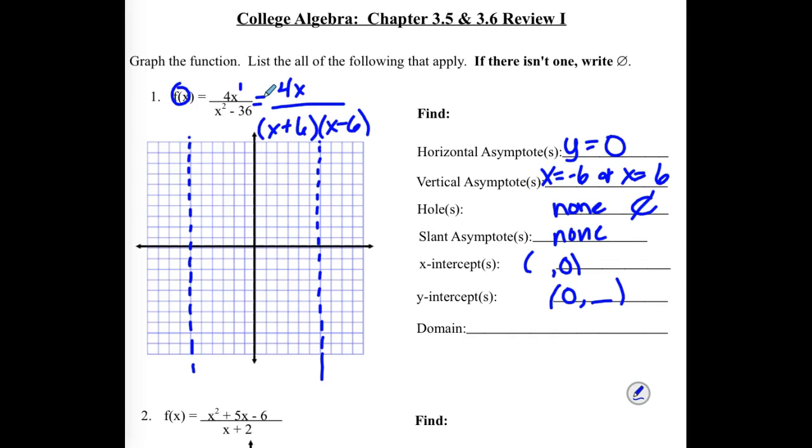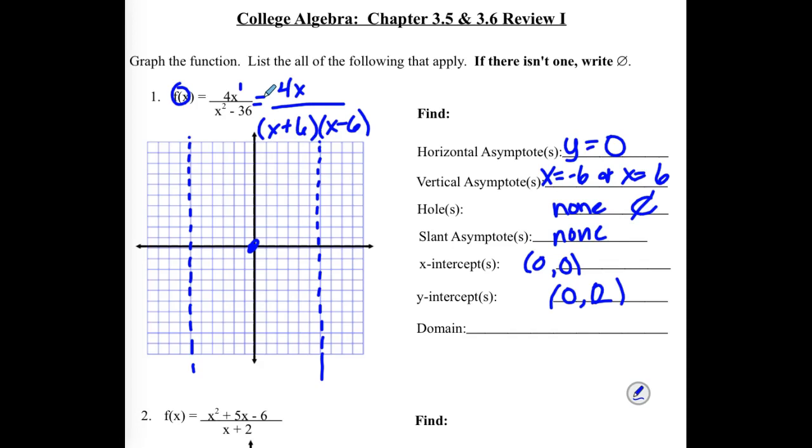What makes the numerator 0? And in this case, what do we end up with? 0. So we have a little problem here because 0, 0 is the origin, and that's going to be your x and your y-intercept, right? They both cross there. So when I put a 0 in for x, I got 0 for y. If I put a 0 in for y, I'm going to get 0 for x. It only gives me one dot on my graph. We'll have to find some other ones.